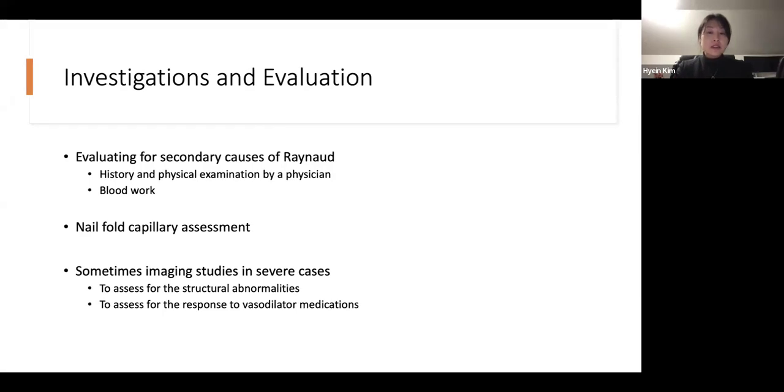It's quite sensitive, meaning that in scleroderma patients, studies suggest that ANA is positive about 95% of the time. So it's very rare to have ANA negative scleroderma or lupus. So it will be a good screening test for scleroderma or lupus in patients with Raynaud, if we're considering that as a possibility.